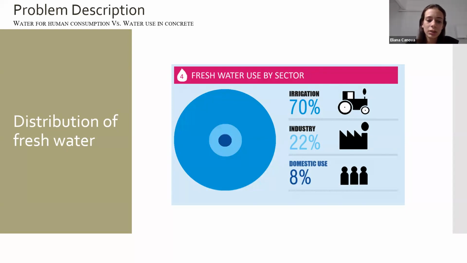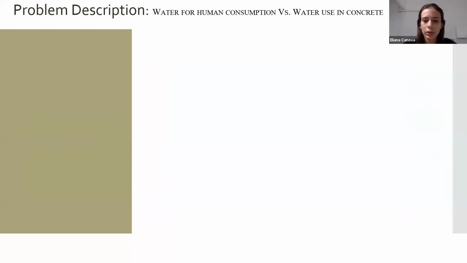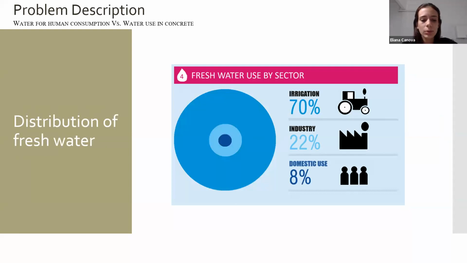The importance of this lies in the representation of water as a finite and unequally distributed good, which requires maximum conservation. Therefore, it's vitally important to explore new alternatives to obtain drinking water.